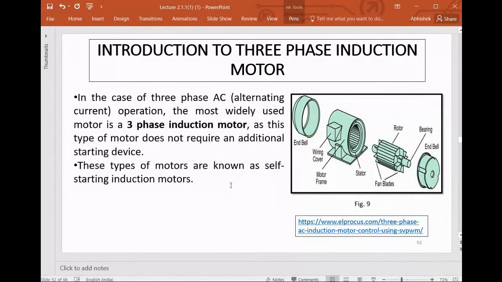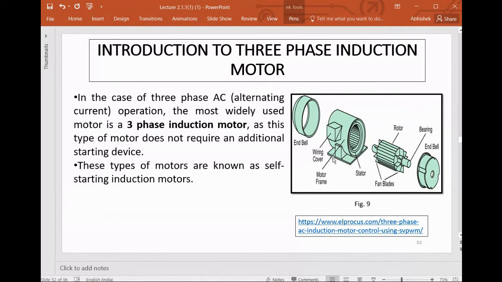Then you can see the different parts of this three-phase induction motor. The end wall is used right here to close this particular stator part. Here the wiring cover is used to connect the external three-phase supply to the stator part.